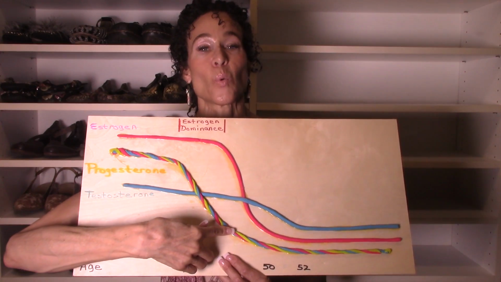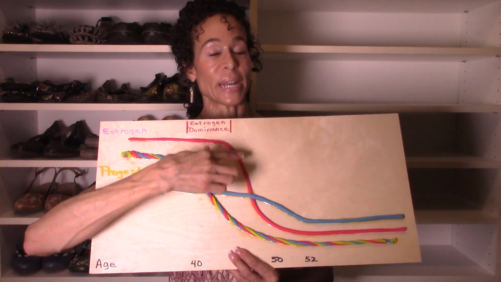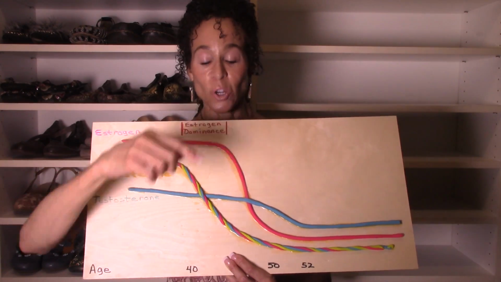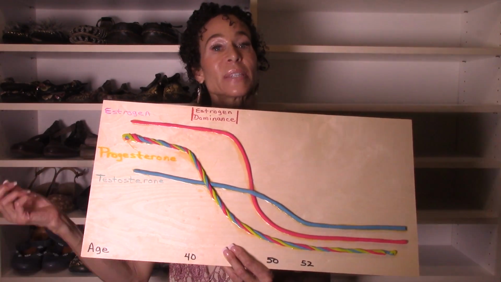Sometimes it stays that way for years, and that period when progesterone has dropped and estrogen hasn't is called estrogen dominance. And that's when you might have the symptoms we talked about earlier when we discussed estrogen excess.